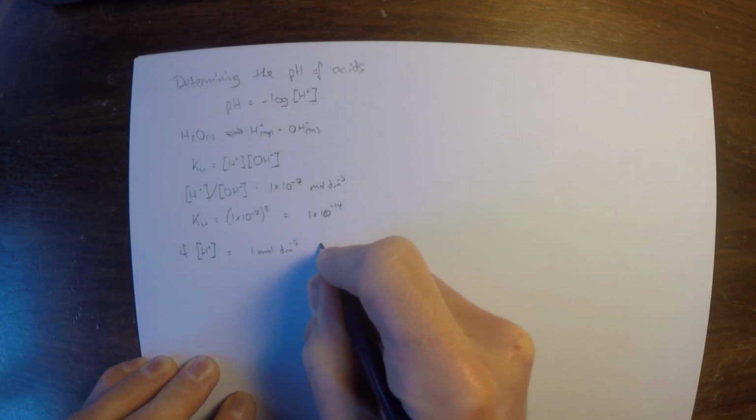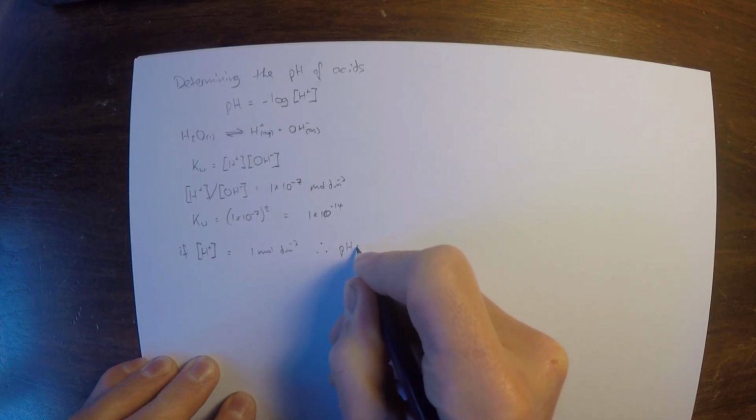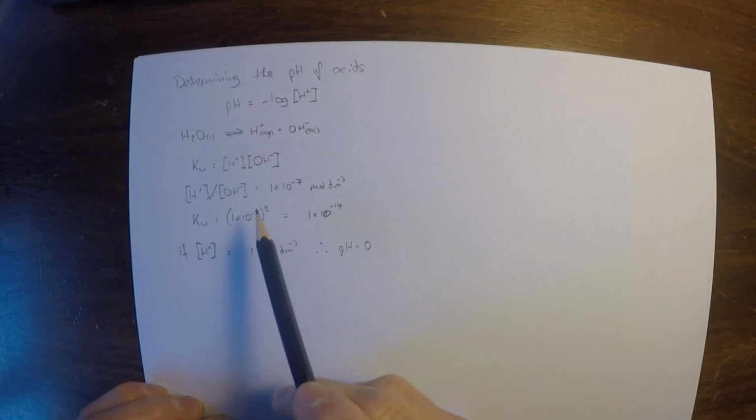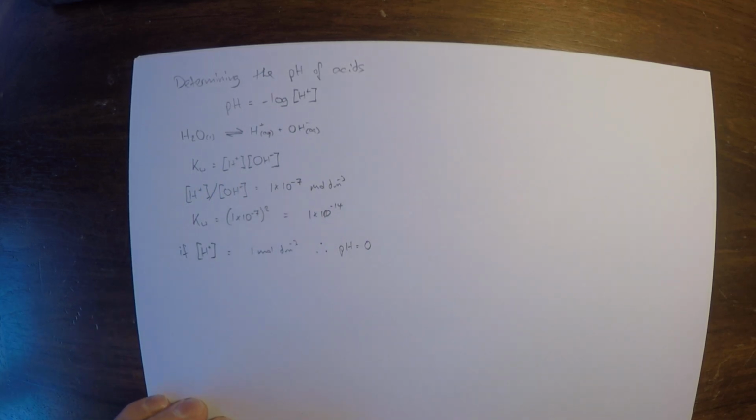So the pH is going to be 0. Now in this situation, the Kw must still be 1 times 10 to the minus 14. So the OH minus ion concentration is going to have to be 1 times 10 to the minus 14 in order to give us a Kw of 1 times 10 to the minus 14.